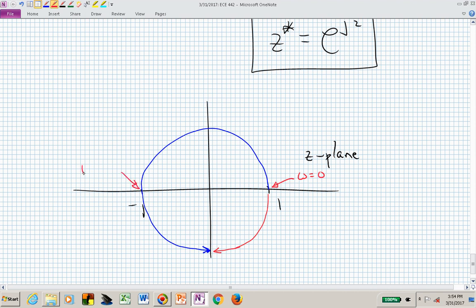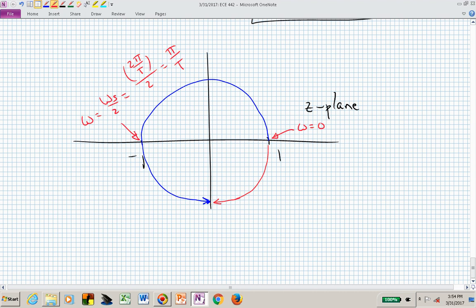This frequency, omega, is now equal to omega sub s over 2, which, if we remember what omega sub s is, that's now 2 pi over capital T, over 2, or this is now pi over capital T as a frequency. And what we're showing is that all we can really resolve in terms of analog frequencies are frequencies between 0 and omega sub s over 2.